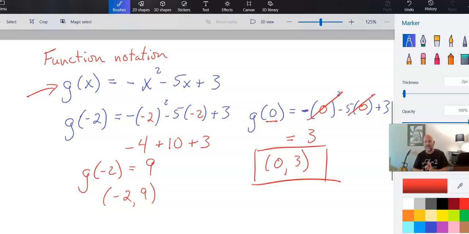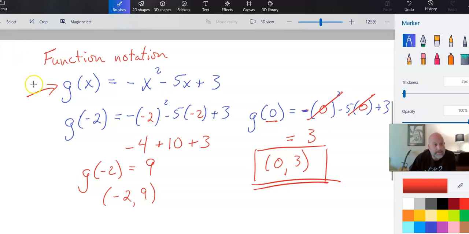Anytime you plug 0 in for x, you are finding a y-intercept, excuse me. Remember we did that when we were graphing lines. If you wanted the y-intercept, you plug 0 in for x. If you wanted the x-intercept, you plug 0 in for y. So we did just find a y-intercept of this function.